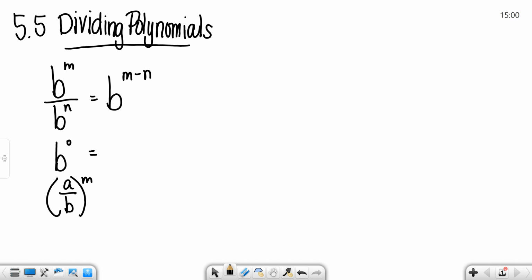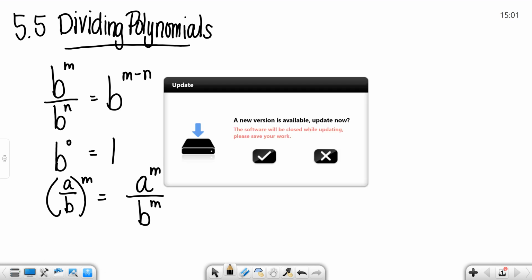The next one says if you've got any variable or anything for that matter raised to the 0 power, our answer is 1. And then if you've got a fraction raised to an exponent, then really we're going to take both things in parentheses and raise them to that exponent, just like we were doing before.